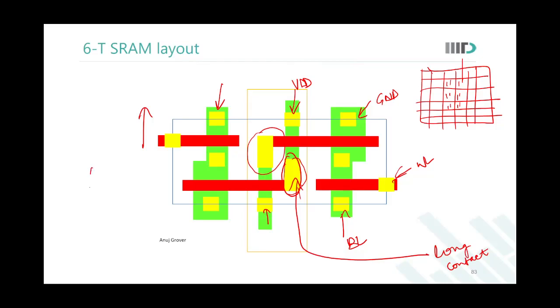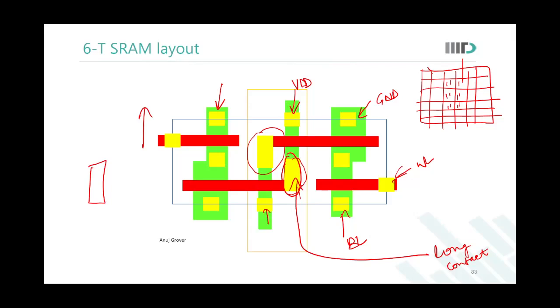So you cannot use long contacts independently. Long contacts are allowed only in array configuration and therefore only in memory cells. Okay?